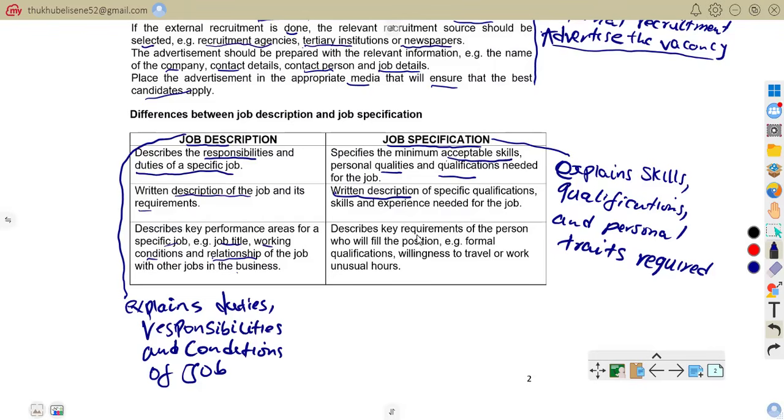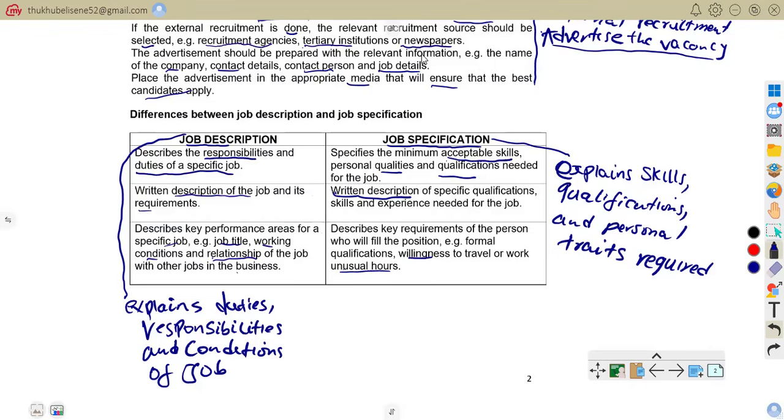It also describes key requirements of the person who will fill the position, for example formal qualifications, willingness to travel, or work unusual hours. I hope we are together on these differences between job specification and job description.